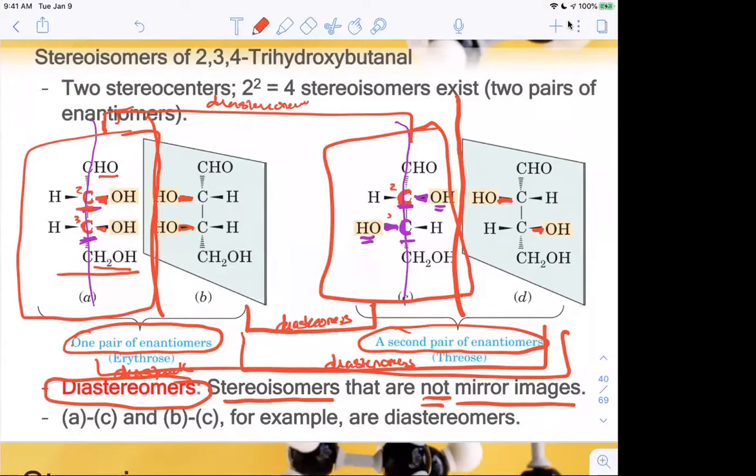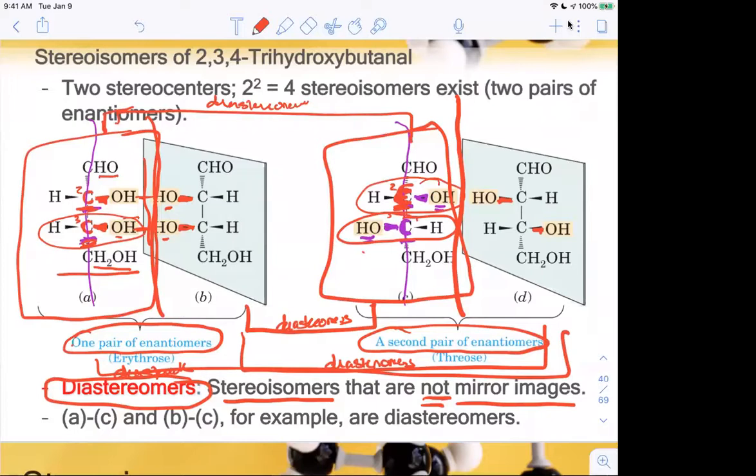The number 2 stereocenter is the same, but the number 3 stereocenter is different in this compound. That makes it not the mirror image. The mirror image is this going bolded to the right, this bolded to the right, this bolded to the left, this bolded to the left. See how this is the mirror image. But this is the same direction. This bottom part is the mirror image of that, but this top part is going to be the same.